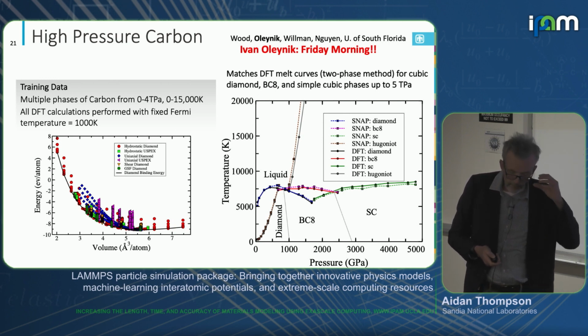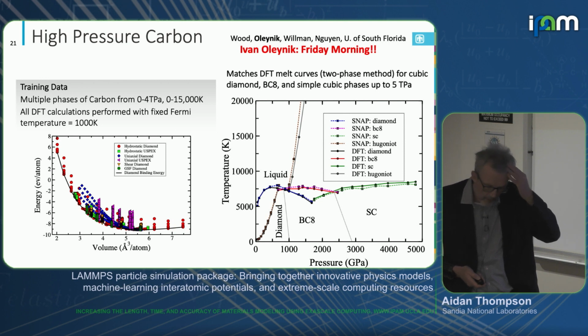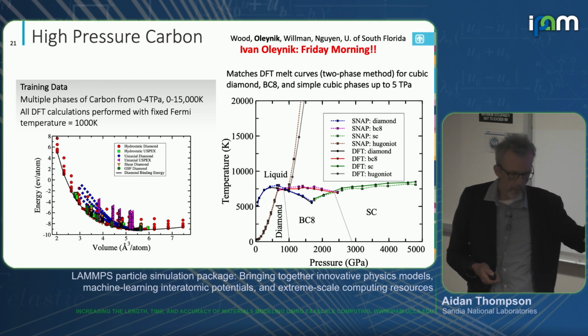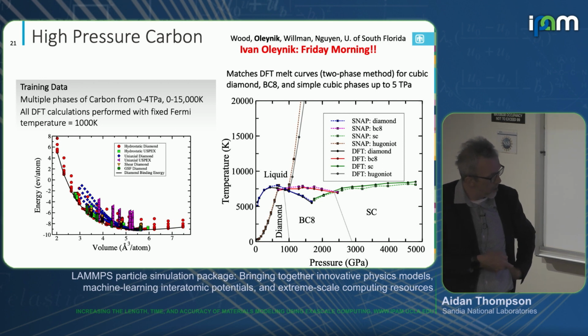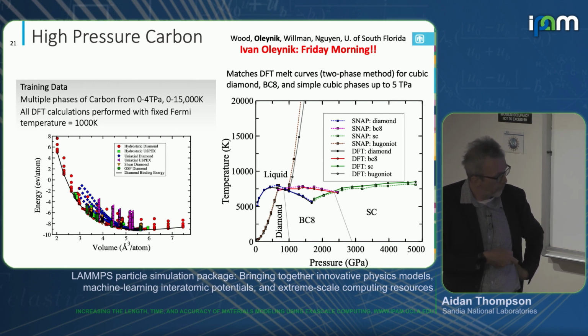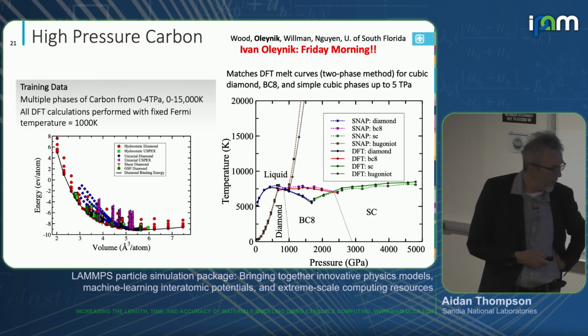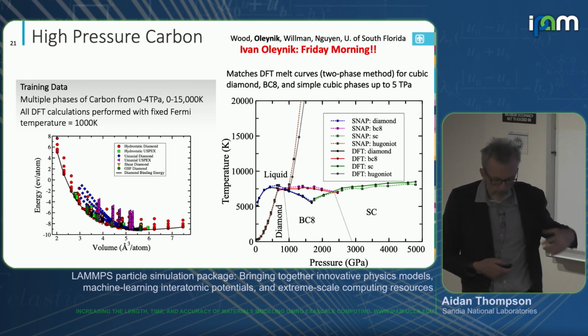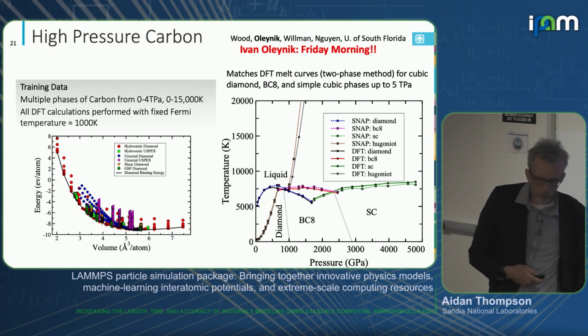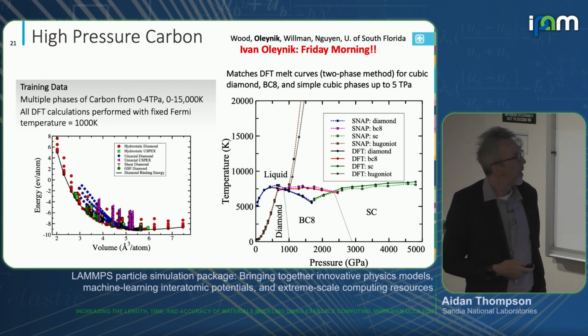And so the goal for Ivan and his group was to see if they could take our FitSNAP software, generate their own training data over a huge range of densities. This is about a 3x variation in density, using a lot of different carbon structures, evaluate them all in DFT, and train a SNAP potential.